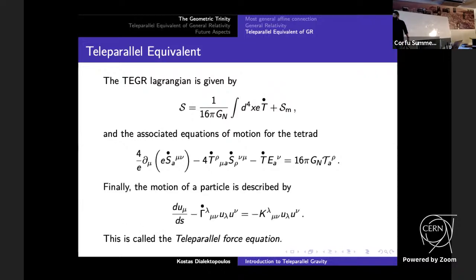In comparison with GR, we can see here that the motion of a particle is described by this equation, which is not a geodesic equation per se, but looks more like a force equation because it reminds us, for example, of the Lorentz equation in electromagnetism, because here this K describes exactly the gravitational interactions. And this gamma is the teleparallel connection.